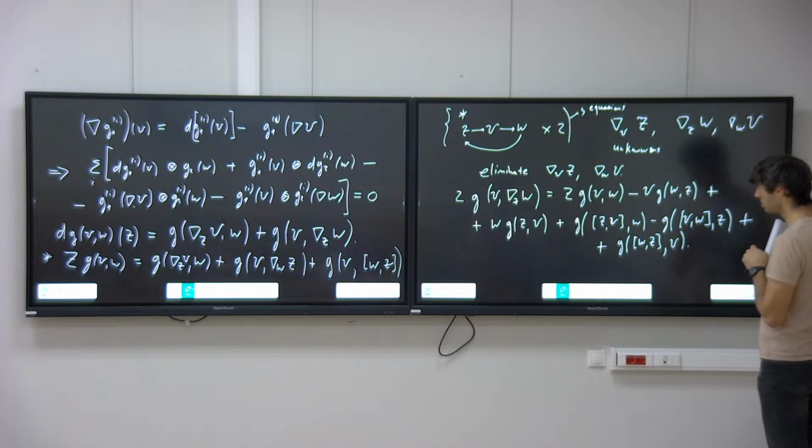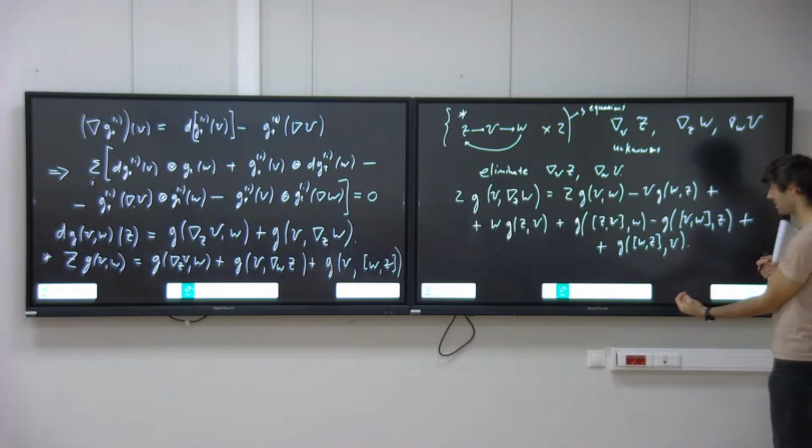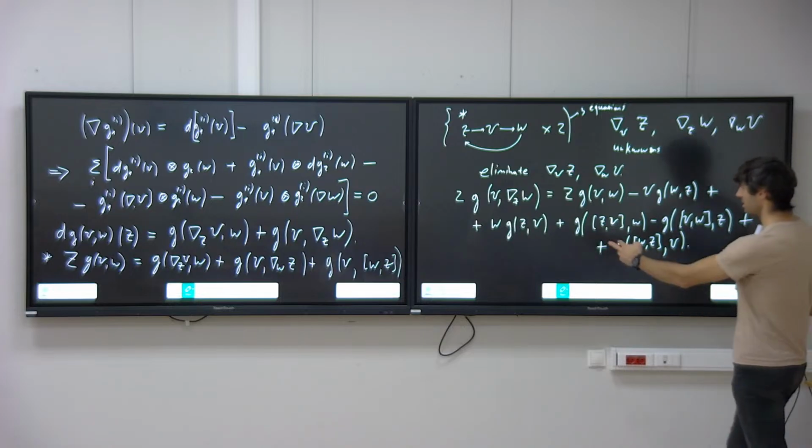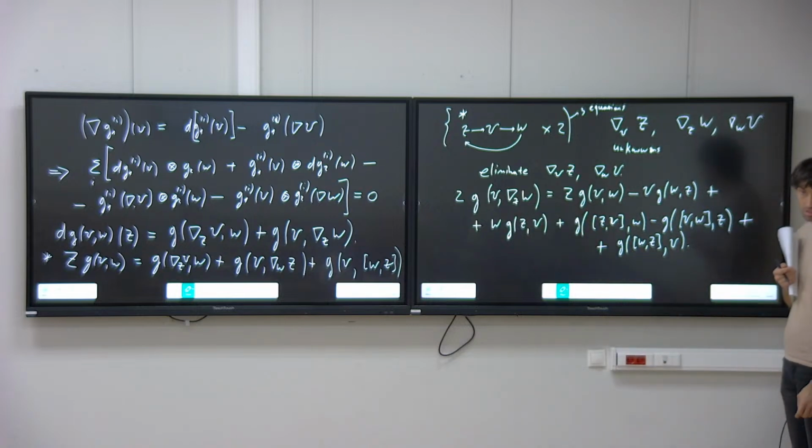So what I need to do, I take the first one, subtract the second one, and then add the third one, and express the term with nabla zw. Then what I get is this, clear.